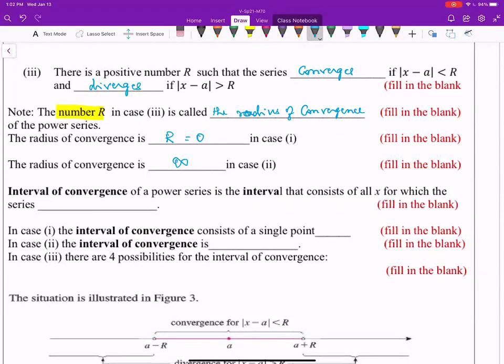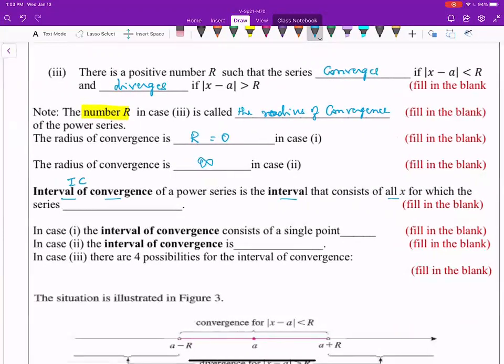The interval of convergence, also in short we normally refer to it as IC, of a power series is the interval that consists of all x for which the series converges.